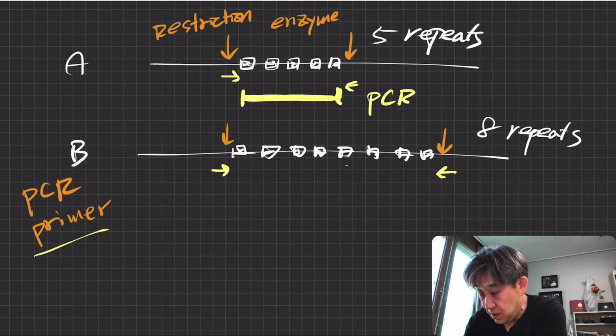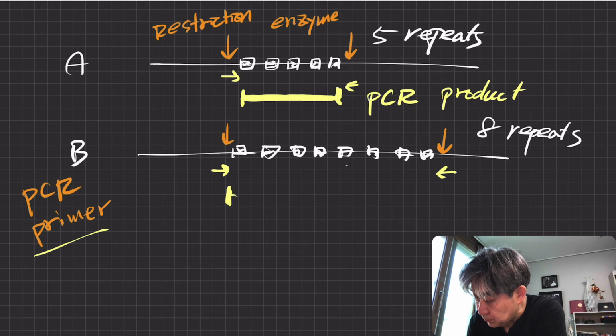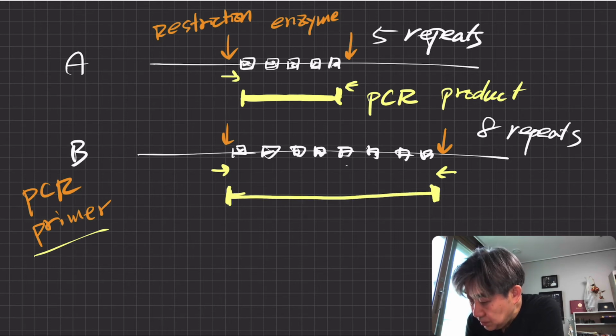This is a PCR product, versus in this individual the PCR product will be basically like this. Actually, to be more accurate, the PCR product should be this, including the primer area.